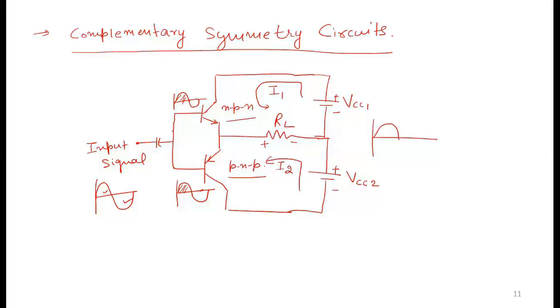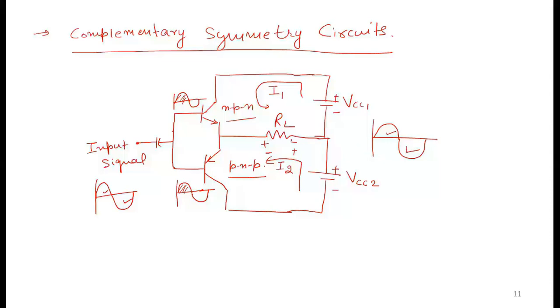This is the current I2. During this, we will get positive here, negative here, polarity here. So the reverse polarity cycle we will receive at the output. In this way, during the positive cycle we will receive the positive cycle at the output, and during the negative cycle, we will receive the negative cycle at the output.